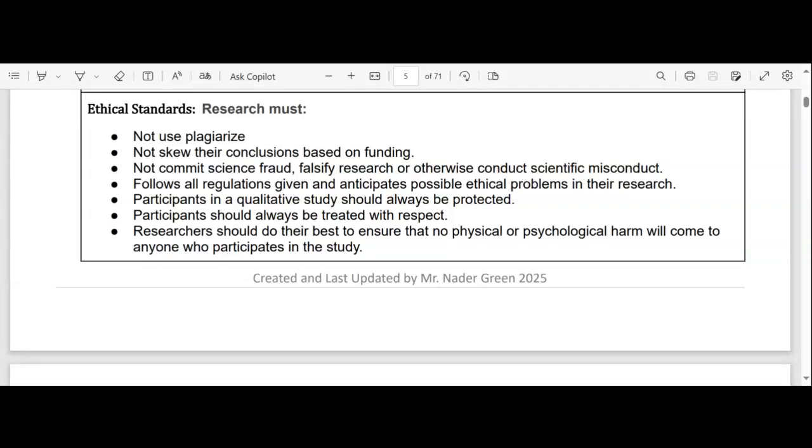Follow all regulations given. Participants in a qualitative study should always be protected. Participants should always be treated with respect. Researchers should do their best to ensure that no physical or psychological harm will come to anyone who participates in the study. Is that clear?